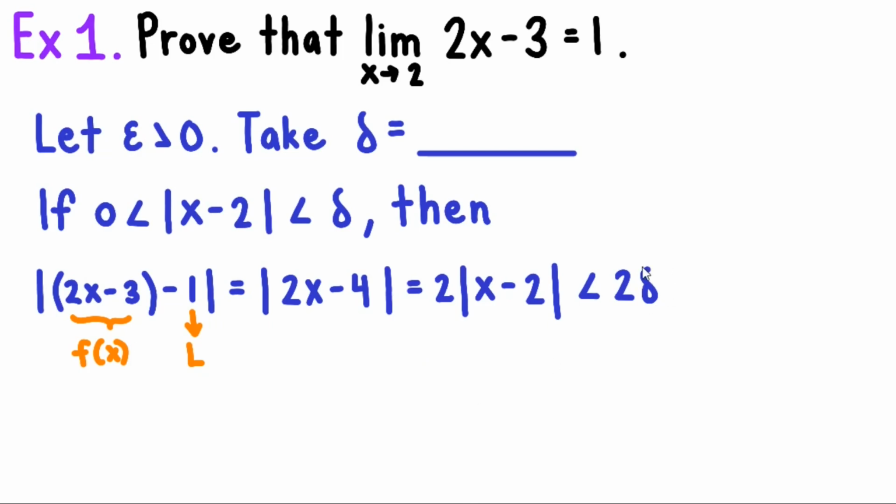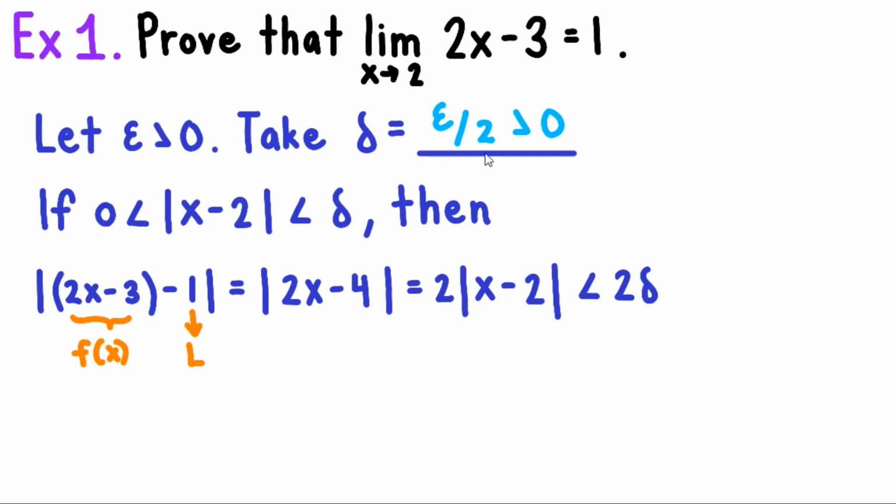So what delta should we choose such that this is less than epsilon? Well, we can choose delta to be epsilon over 2. Since if it is epsilon over 2, then epsilon over 2 times 2, the 2 would cancel out and we'll be left with epsilon, which is what we want.